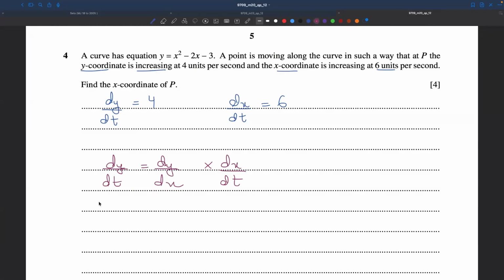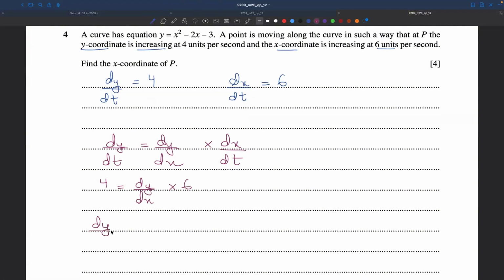So dy by dt is 4, dx by dt is 6, which means your dy by dx will be equal to 4 upon 6, that is equal to 2 upon 3. Now we have the value of dy by dx from the equation of the curve, y is equal to x square minus 2x minus 3. Dy by dx will be equal to 2x minus 2.